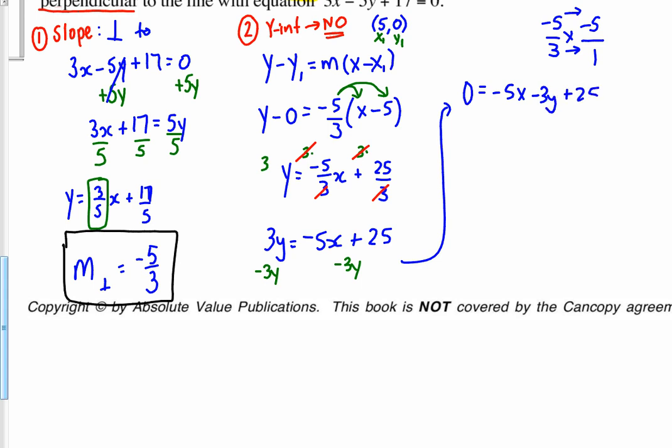Are we good? No. What do we have to do? Divide everything by negative 1, or essentially what we're doing, switch all the signs. So negative 5x becomes plus 5x, negative 3y becomes plus 3y, and a positive 25, negative 25. Now we are done.